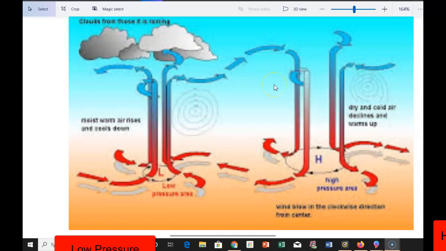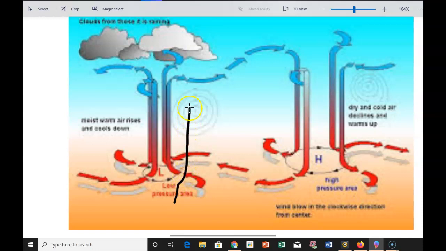I'm going to do a little bit of a review on the high pressure, low pressure. So let's take a look at this. So let's take a look at the low pressure here. Low pressure is really, when you think about it, rising air.